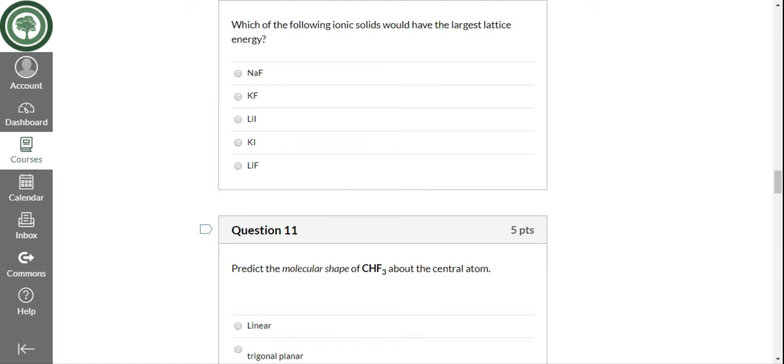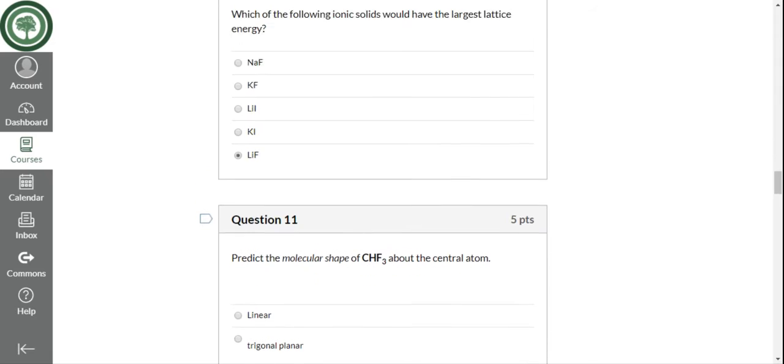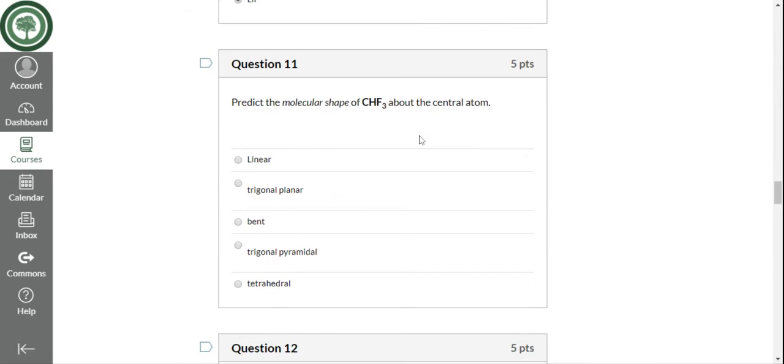The smaller the atom size, the closer they get together, the stronger, the higher the lattice energy. So we need to know which one is going to have the smallest. On the periodic table, as you go up towards the top, they get smaller. And so of these, lithium is higher up than potassium and sodium, and fluorine is higher up than iodine. So lithium fluoride has the 2 smallest ions and would have the highest lattice energy.